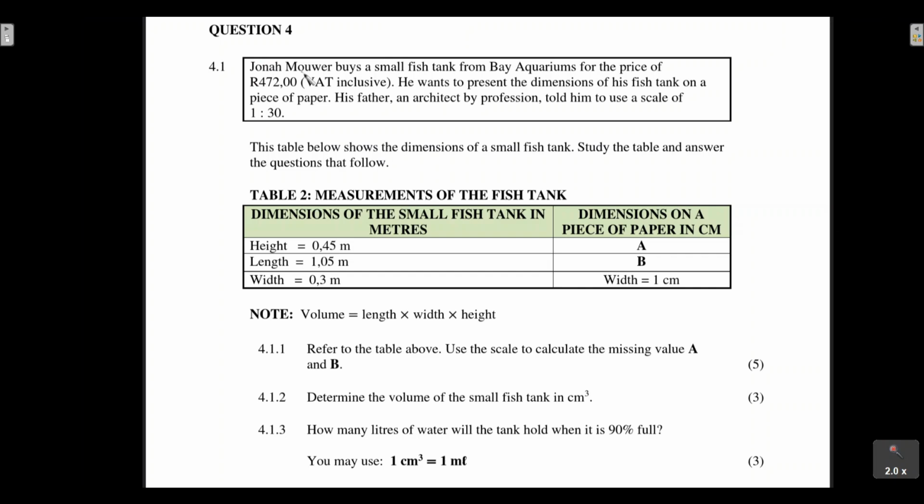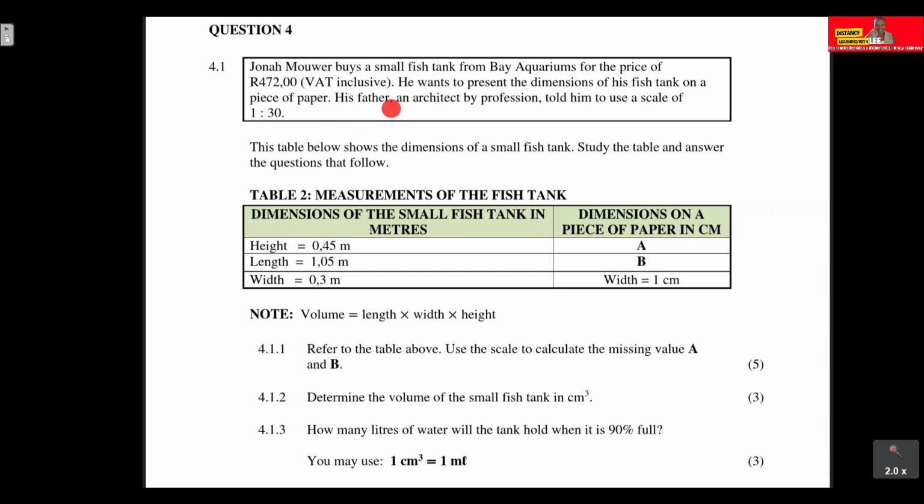It says Jonah Moa buys a small fish tank from Bay Aquariums for the price of 472 rands, and this price includes VAT. So VAT is already included in this amount. He wants to present the dimensions of his fish tank on a piece of paper.